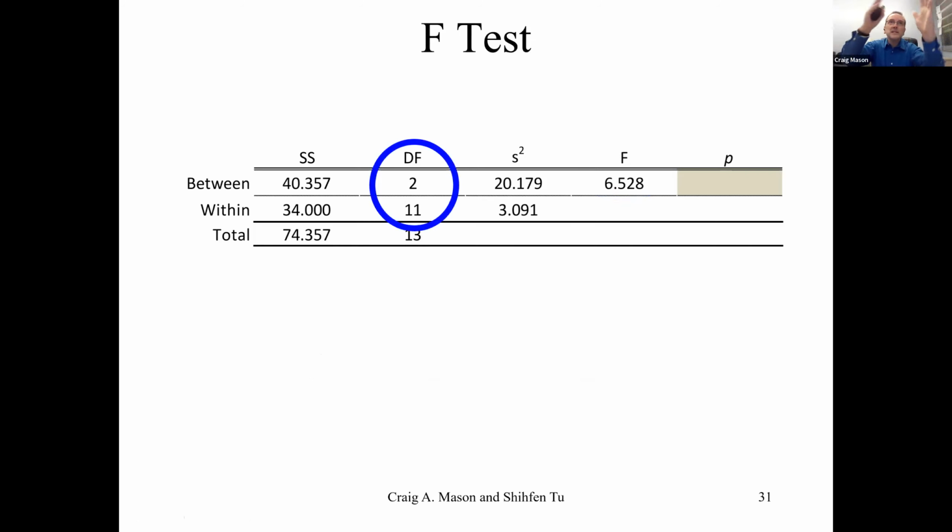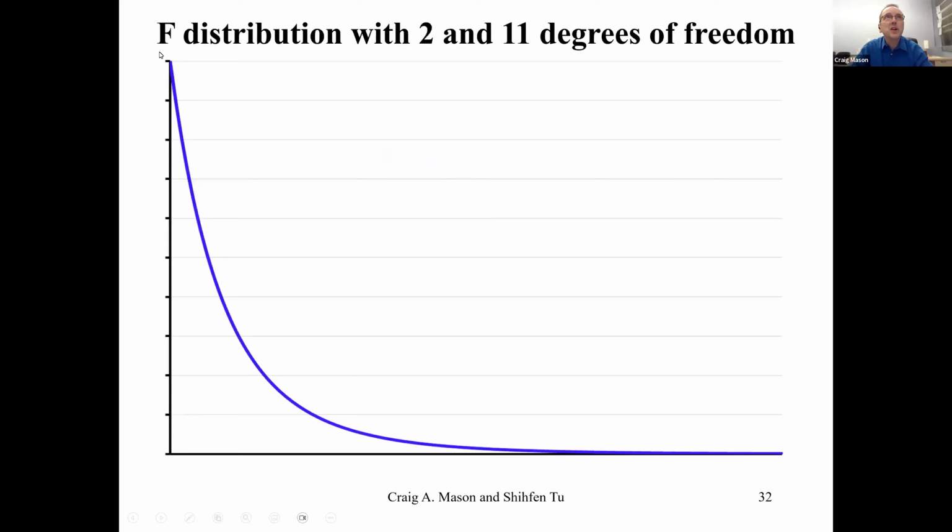Based on this distribution, the F distribution in this case looks a little different than the other example, because like I said, the shape changes based on the degrees of freedom. So this is the shape when you have 2 and 11 degrees of freedom, 2 between, 11 within.